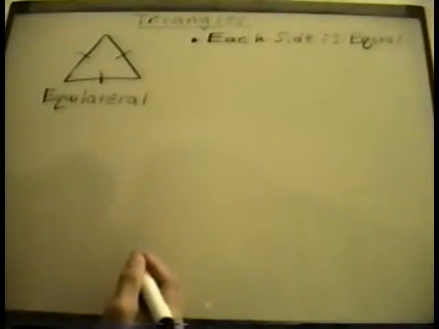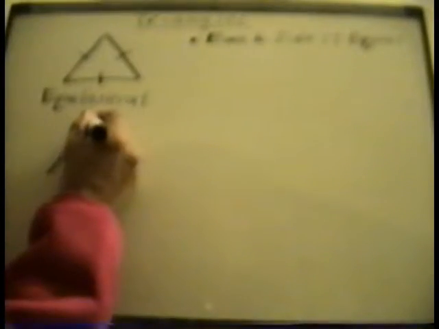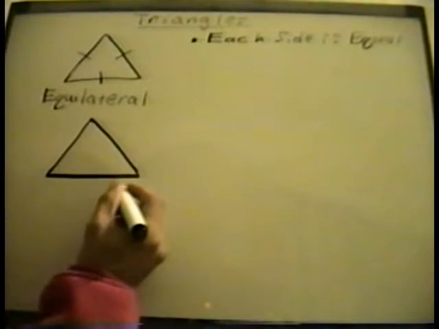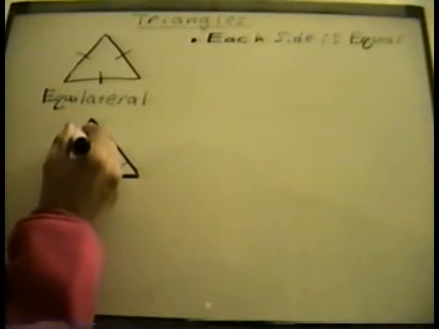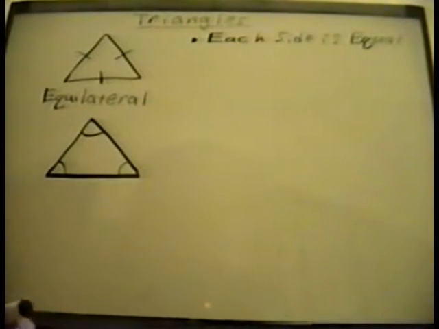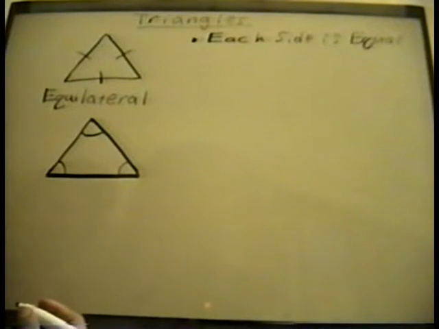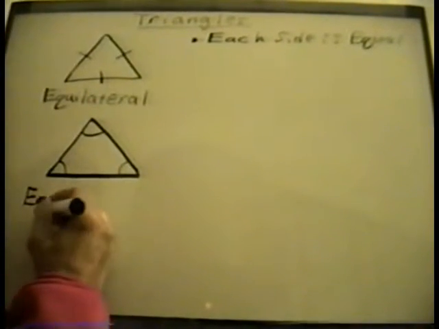That's to signify an equilateral triangle, or we do it like this. You can signify with the angles. Okay, so this is still an equilateral triangle.